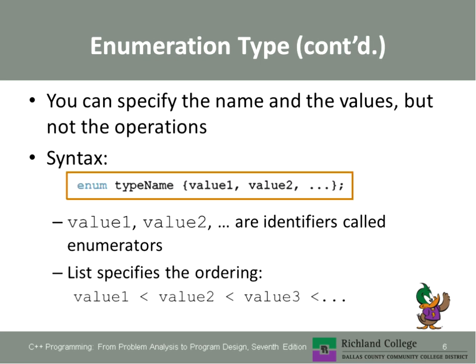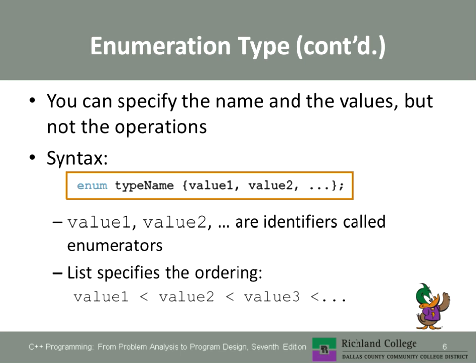So the enumeration type has its rules. It has a rule set, and one of the rules is that the values have to be in an ordered sequence. So in the ordered sequence, value 1 is less than value 2, and value 2 is less than value 3. And that's pretty much what the rule is.